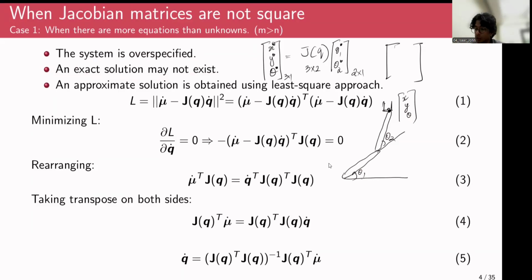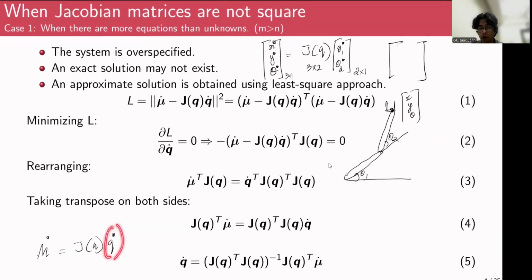So in that case, you will not be able to find a solution for mu dot equal to J of q times q dot. So if you are given desired task space coordinates, you may not be able to find the correct control velocities q dot, so that the left hand side and right hand side can be equal, right? Finding a q dot such that this equation is satisfied will not always be possible because the system is overspecified, and an exact solution does not exist for an overspecified system.